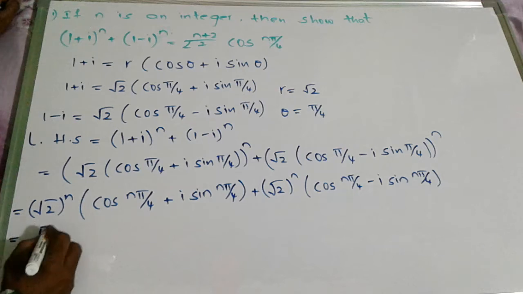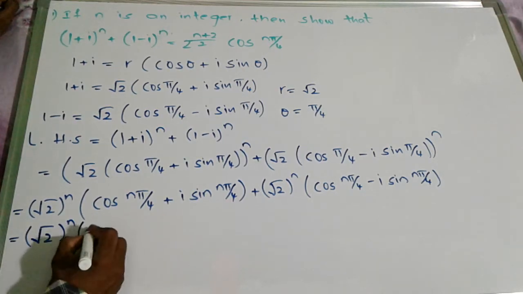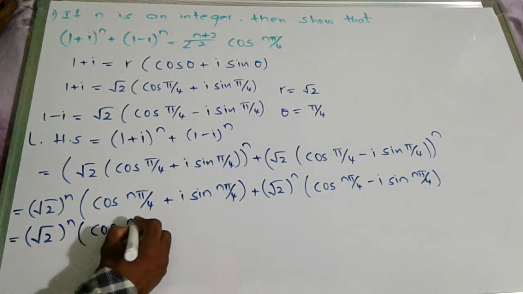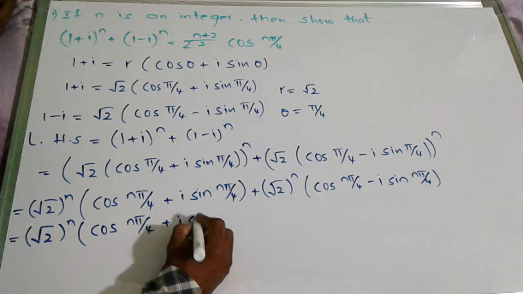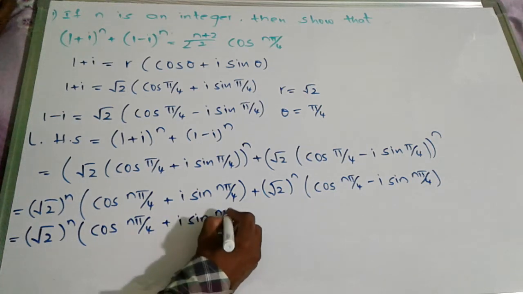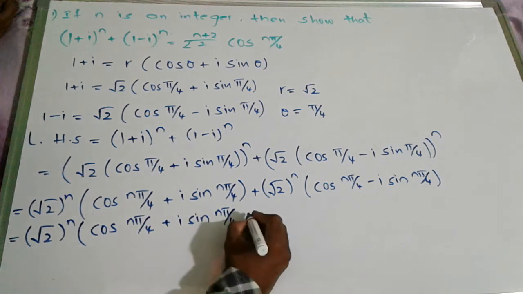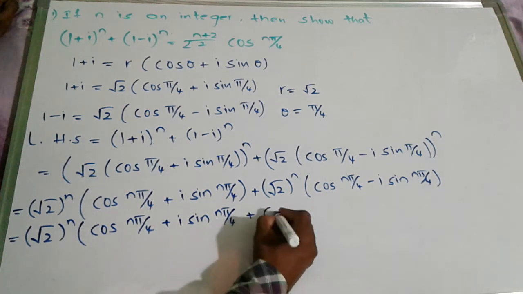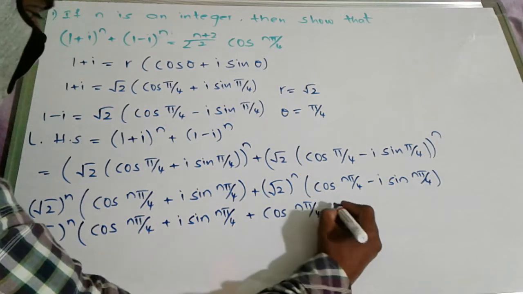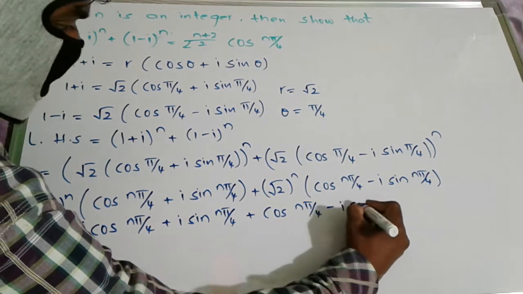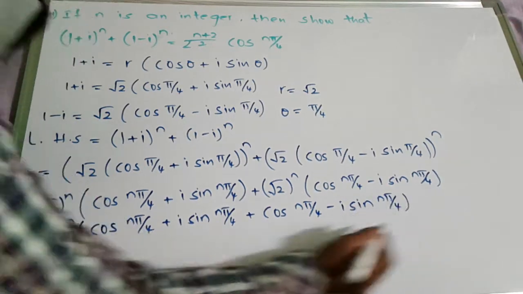Then we get root 2 whole power n of cos n pi by 4 plus i sin n pi by 4 plus cos n pi by 4 minus i sin n pi by 4.